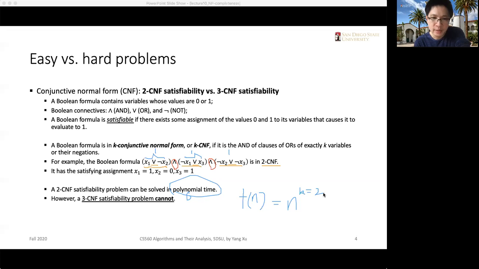But in this case, we will be less strict about the running time. So if it's a polynomial running time, then we can consider that, okay, we will accept this efficiency, because it's better than an algorithm with even higher order functions, okay?